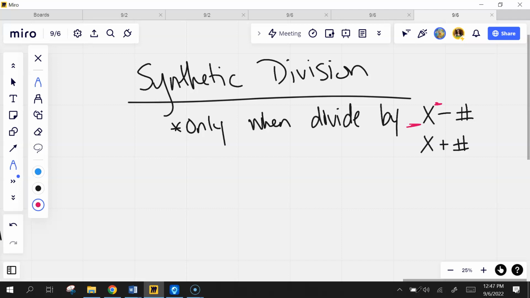For example, can I use synthetic division here?